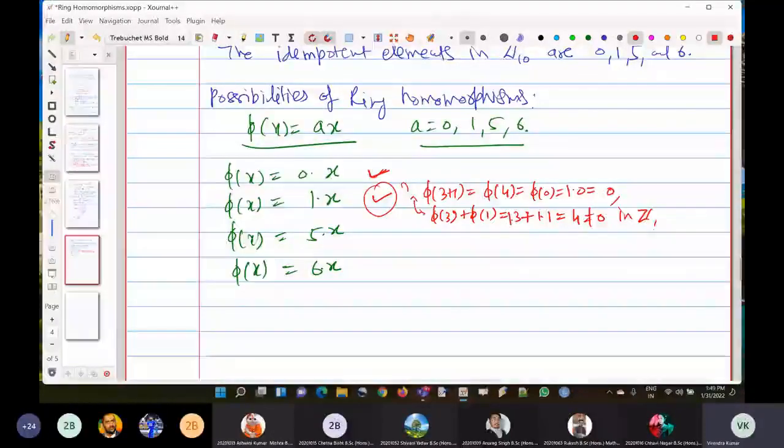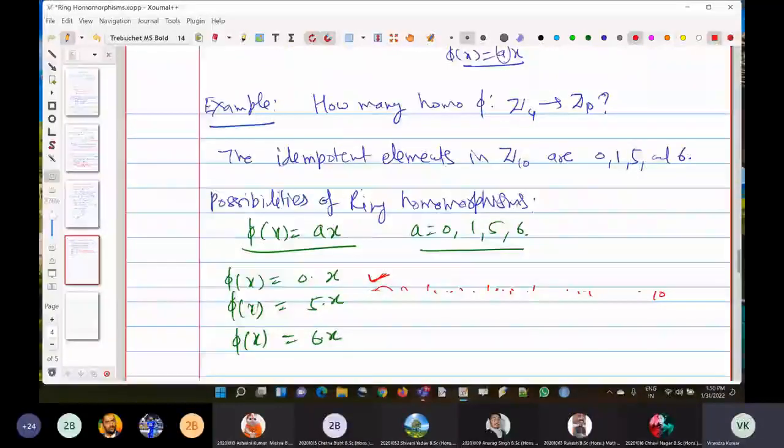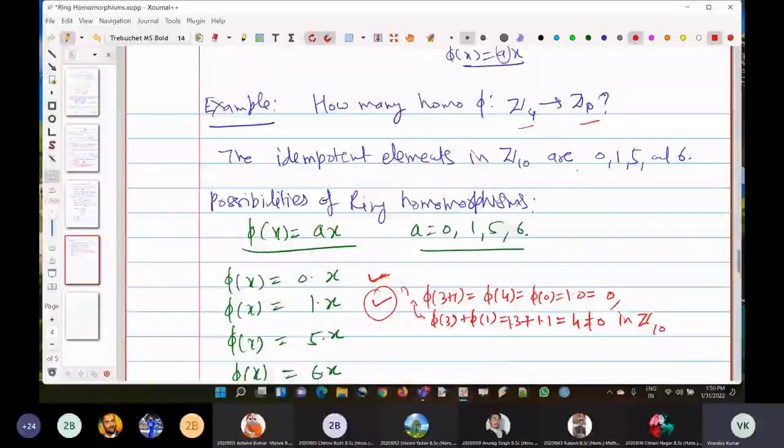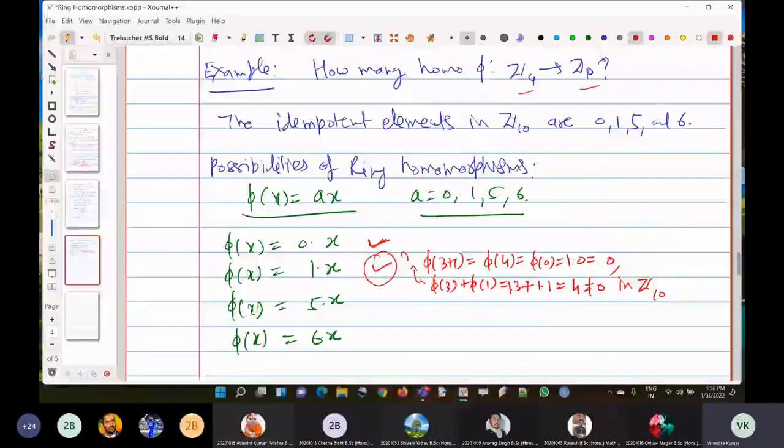So you see here that this is not a homomorphism. The identity map is not naturally a homomorphism. If both are Z4, then you would naturally get it, but if they are different, then it is not.